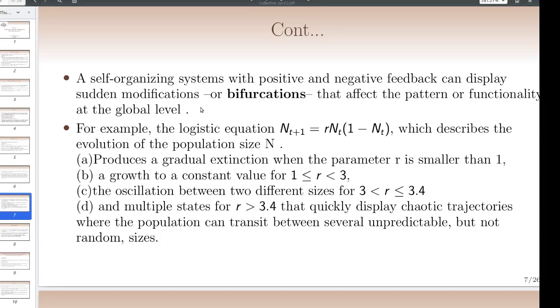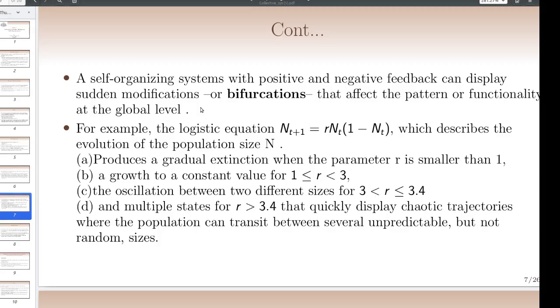From this equation we can extract some facts. The first one is that it produces a gradual extinction when the parameter r is smaller than 1. We can see growth to a constant value if the value of r is between 1 and 3.